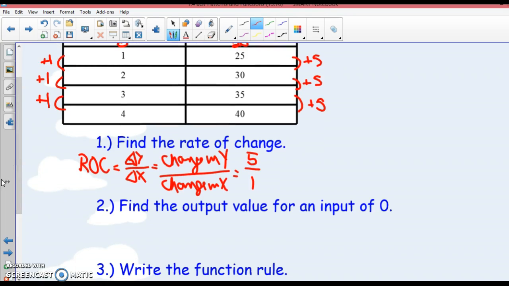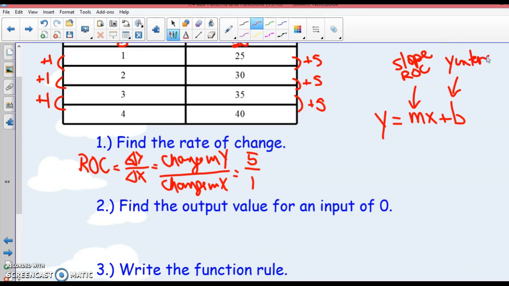I want you to write this down. This is super important. M is our slope or rate of change. B is our y-intercept.